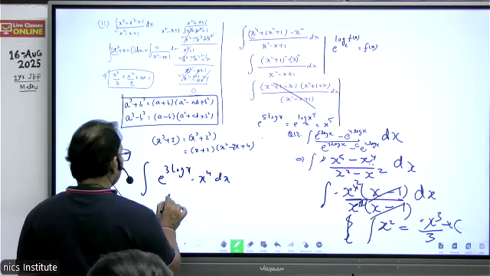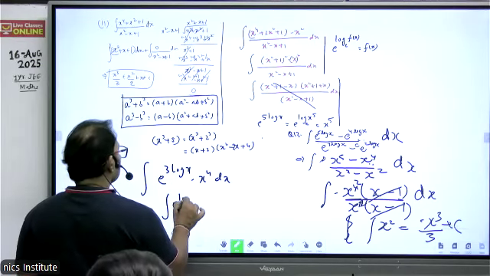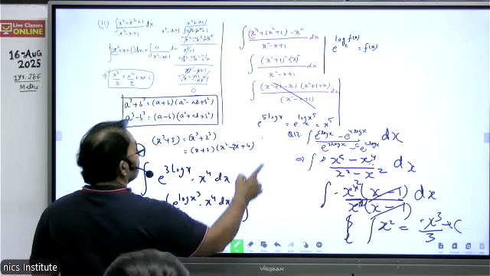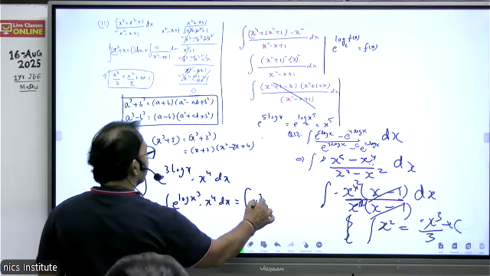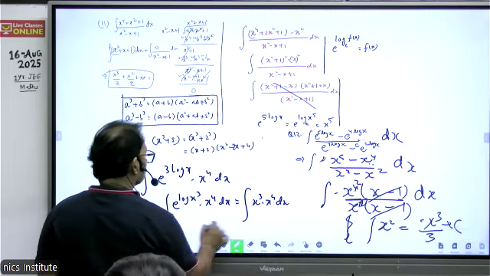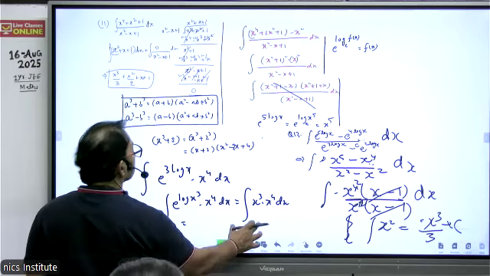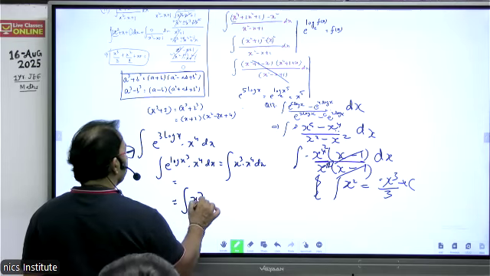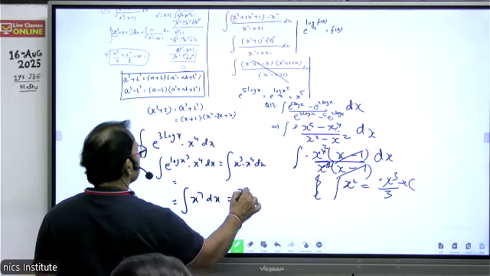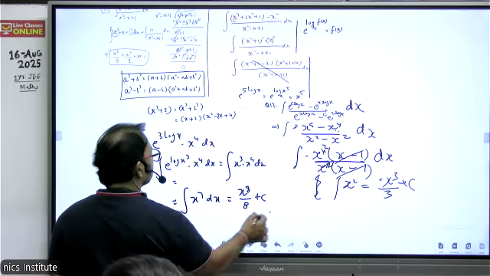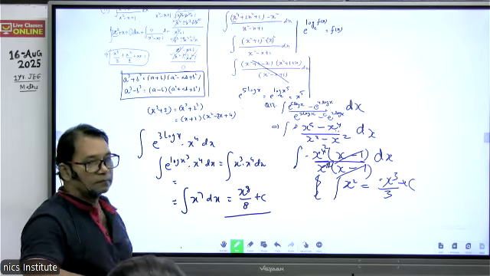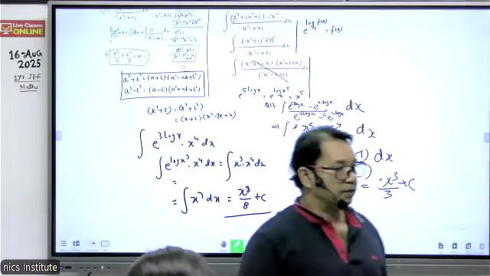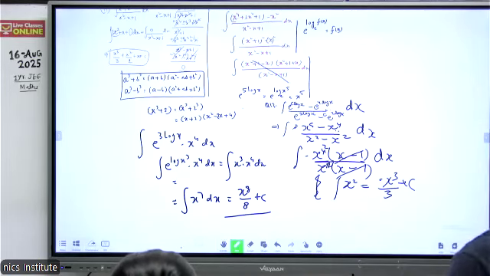So first you use the property. So you become e to the power log x cube into x4 dx. Using that result, it becomes x cube into x4 dx. So it is now x to the power 7 dx. So x to the power 8 by 8 plus c. Property e to the power log fx is fx.